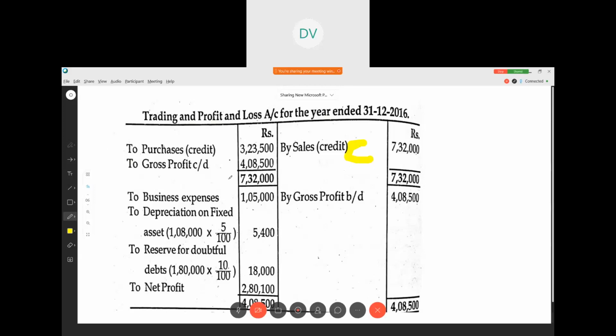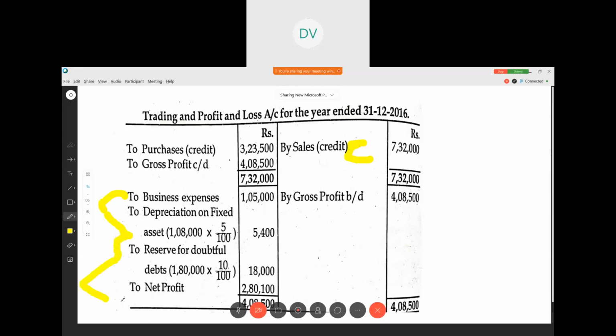So gross profit brought down. Then which are the expenses? I told you that time business expenses are there. All these are the revenue expenses. So you should know this.